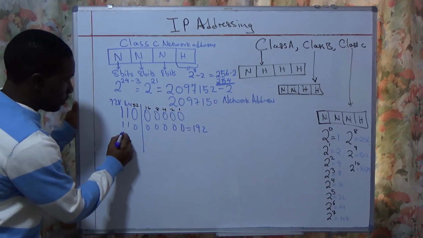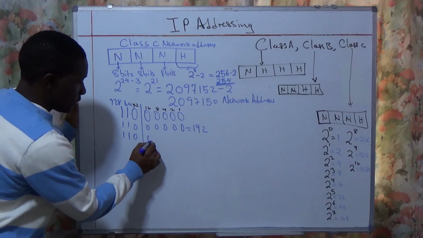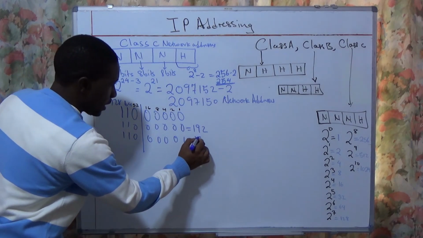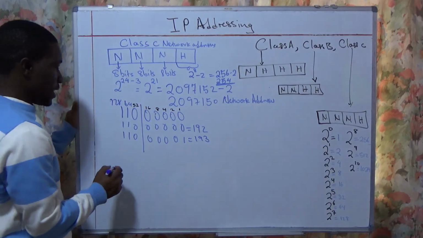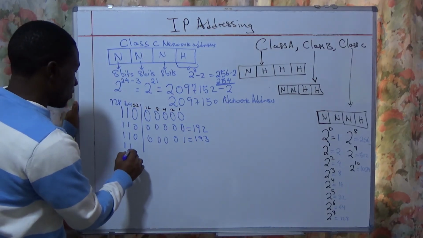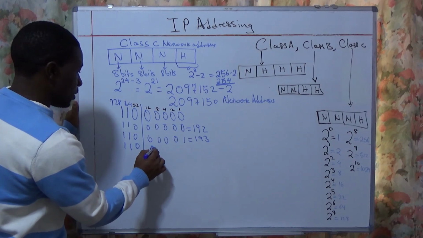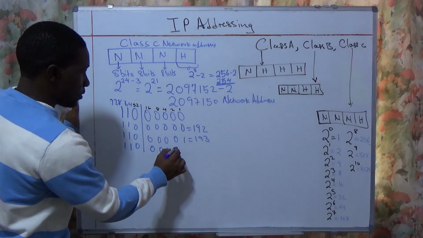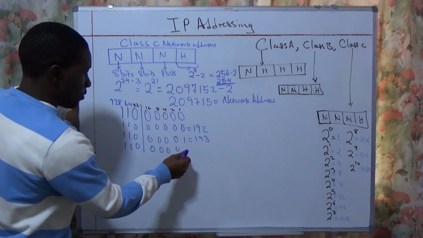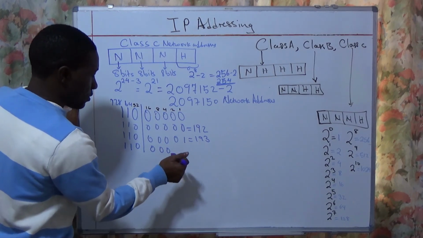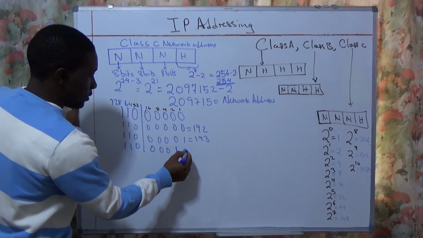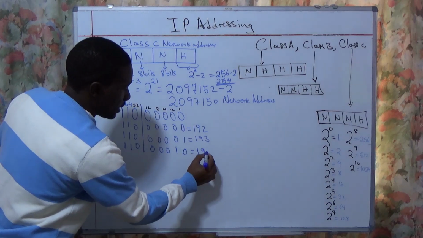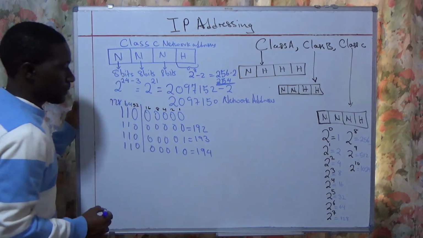And then we continue 1, 1, 0, 0, 0, 0, 0, 1 will be 193. And then 1, 1, 0, 0, 0, 0, 1, 0 will give us 194.